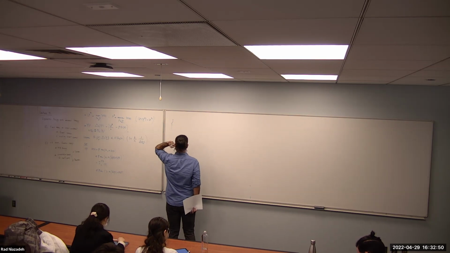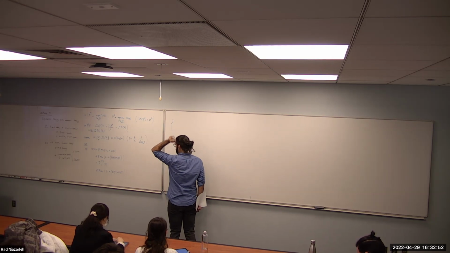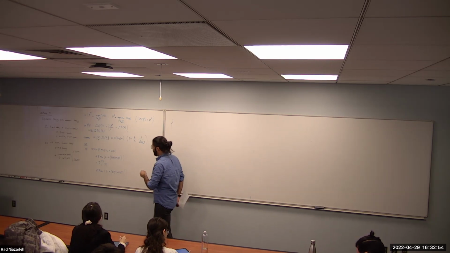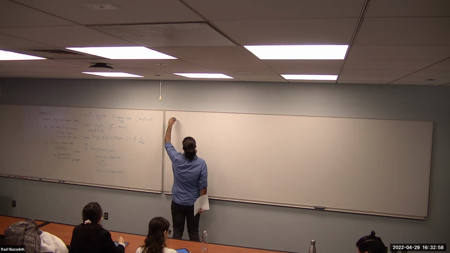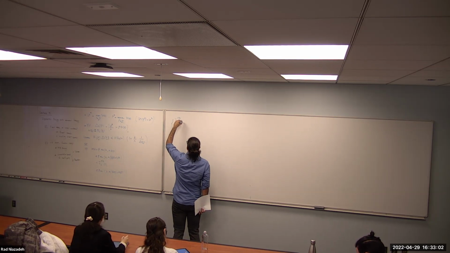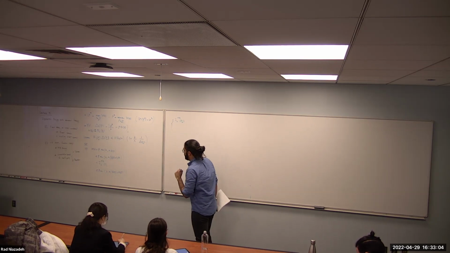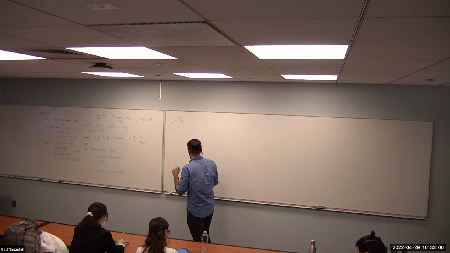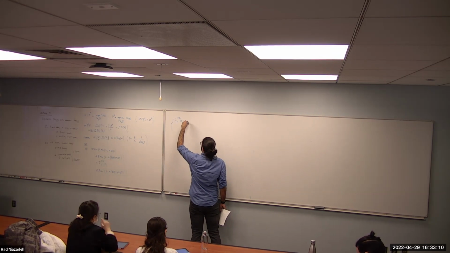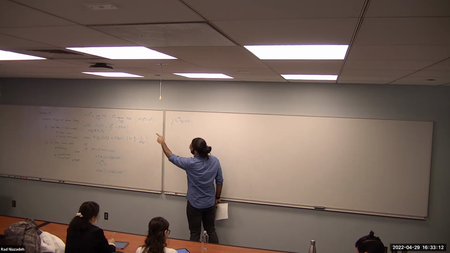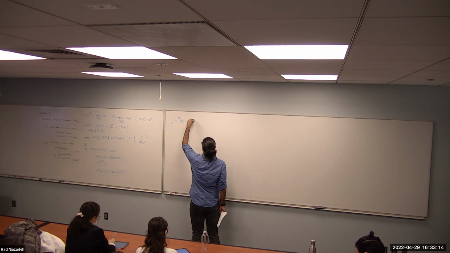Now here is a crucial observation. We know that if p_t is the price that we are posting, then we are maximizing the UCB index. So the UCB index at price p_t is greater or equal than the V at the one particular price I'm interested in, which is p star.